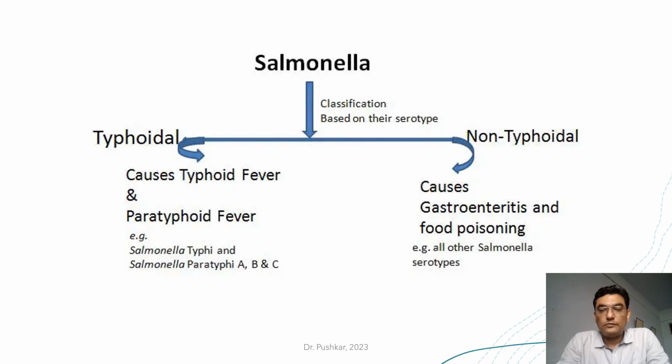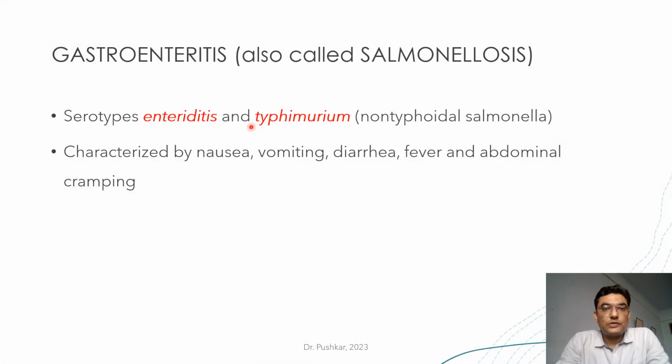So first of all, gastroenteritis is also known as salmonellosis. The serotypes that cause gastroenteritis are Enteritidis and Typhimurium. Typhimurium is one important one, and they are non-typhoidal salmonella. Gastroenteritis is characterized by nausea and vomiting, diarrhea, fever, and abdominal cramping.